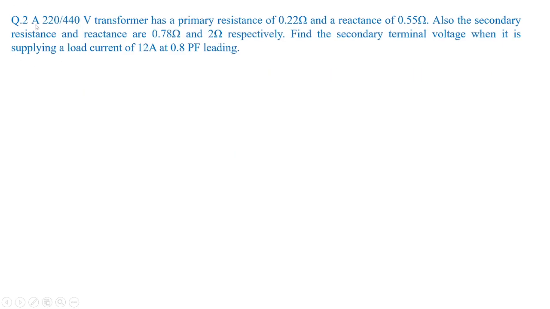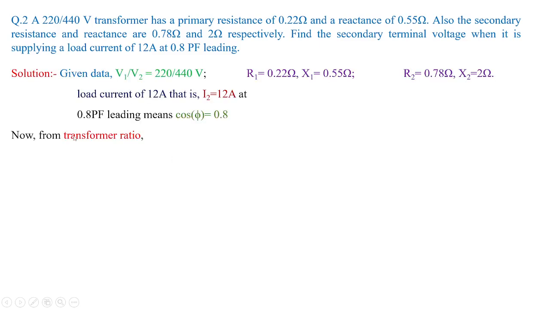Now you can see another numerical where we have a 220 by 440 volts transformer with primary and secondary real and reactive values. We need to calculate the terminal voltage. Here the load current is 12 amperes and 0.8 power factor is leading. For that, after collecting the data from the question, we get the value of K, which is the same, that is 2, fortunately, because 440 by 220 is 2.